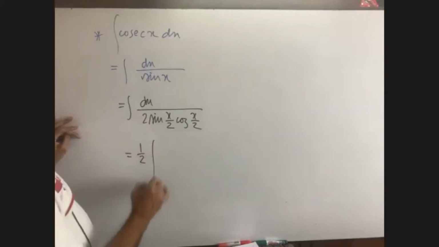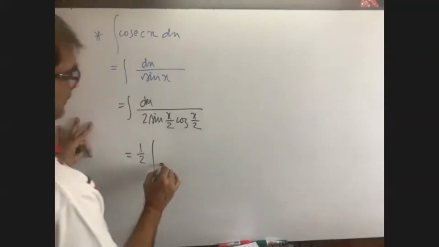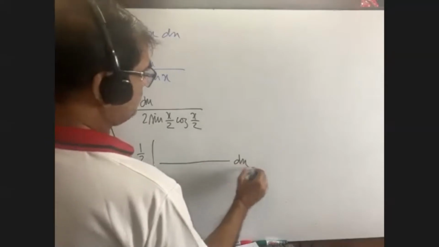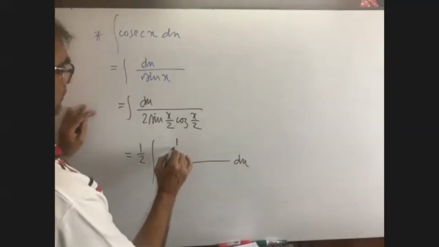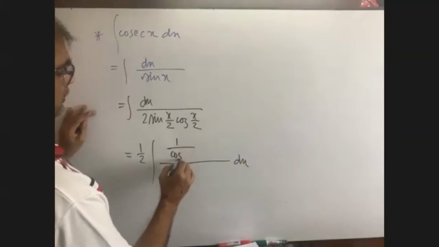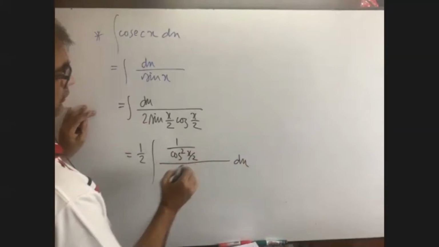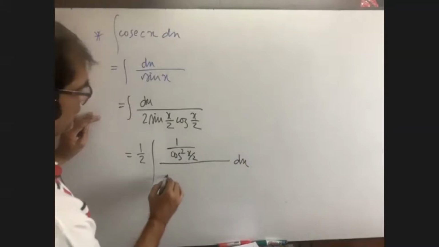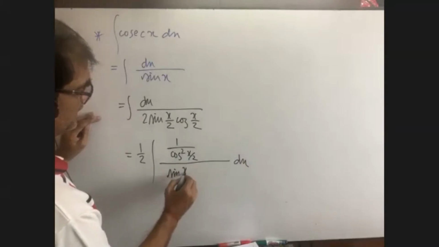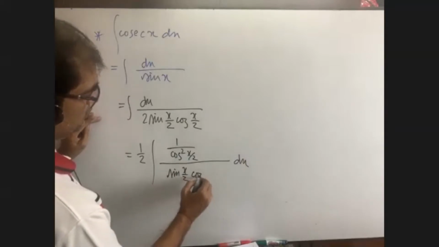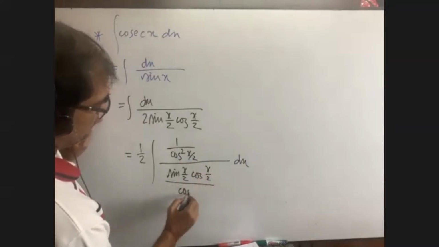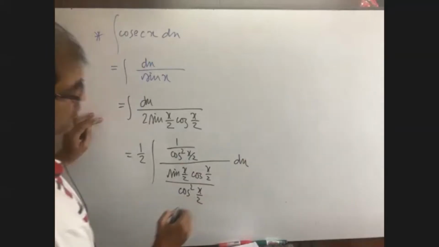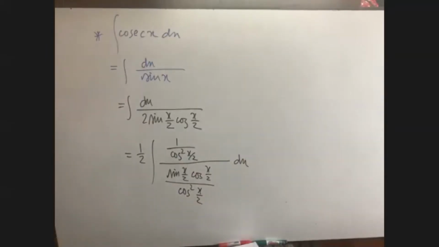Now we will divide both the numerator and denominator by cos square x by 2. That is 1 by cos square x by 2, over sine x by 2 cosine x by 2 by cos square x by 2. Okay, we have divided it.